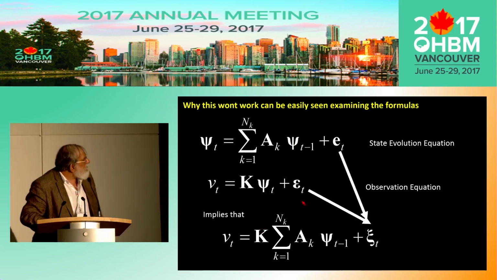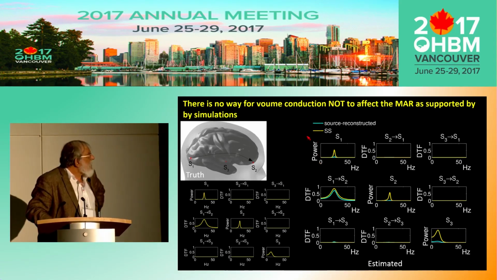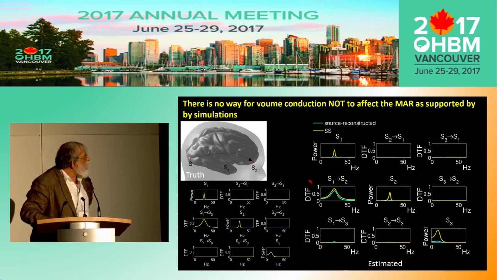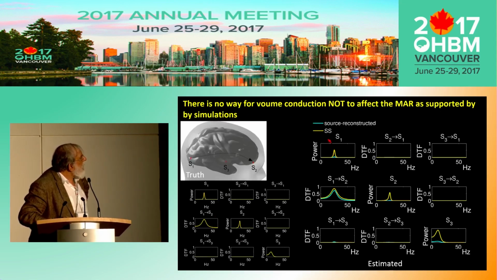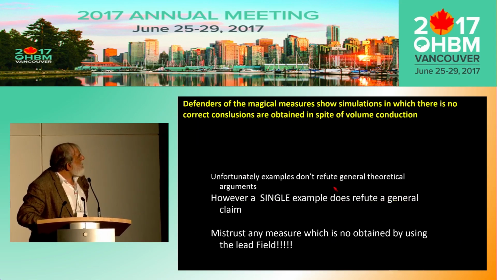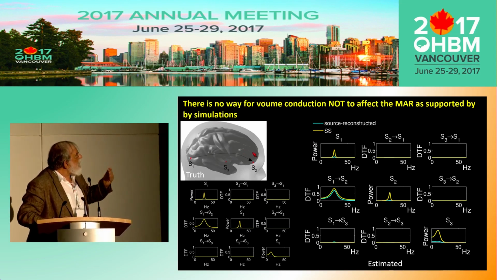So I've combined these two noises into here, and here is an example from the paper by Frederick van der Steen, and here we see the connectivity of several sources. Here we have two in particular. This is the true connectivity in the frequency domain, and what we have here is doing the inverse solution and then finding the connectivity.